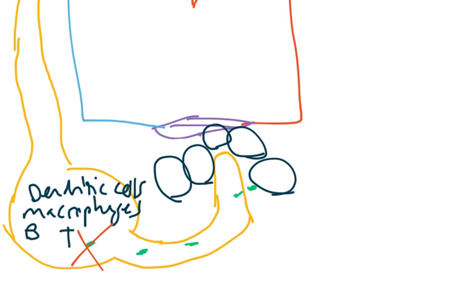But the lymph nodes is where a lot of this stuff is going on, at least when we start this adaptive immune response. In the next video, I want to talk about what happens before we get here, and how the B and T cells actually arise with so much diversity, and how they get to be advanced and mature enough to live in these lymph nodes and kill these bacteria.